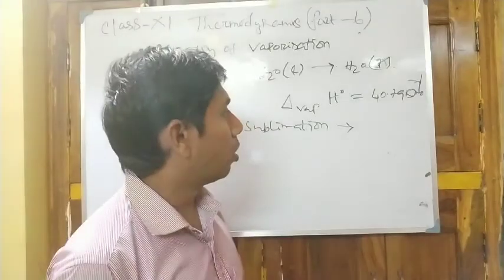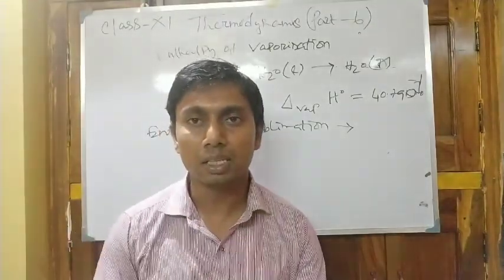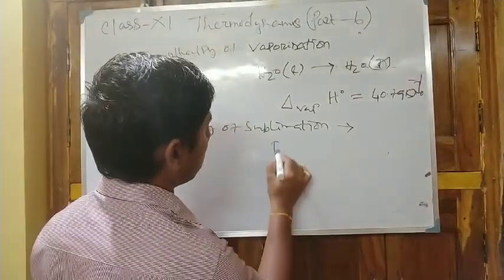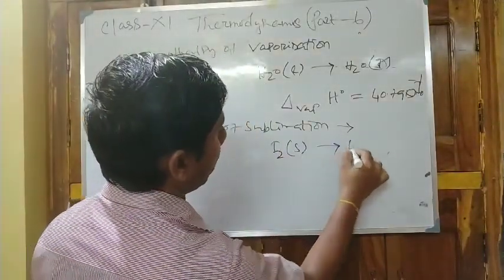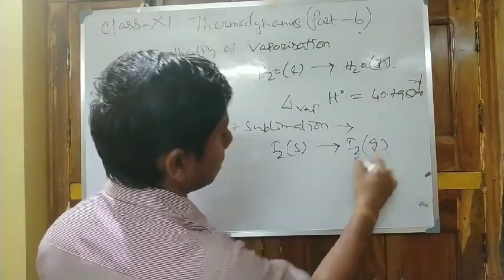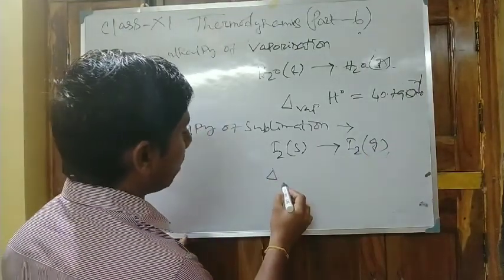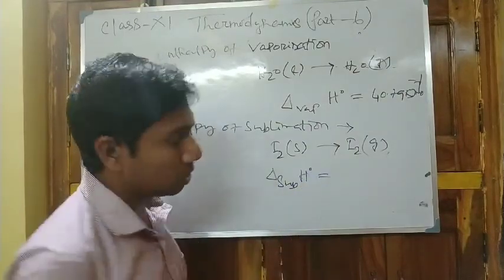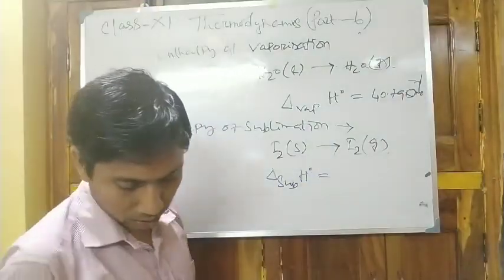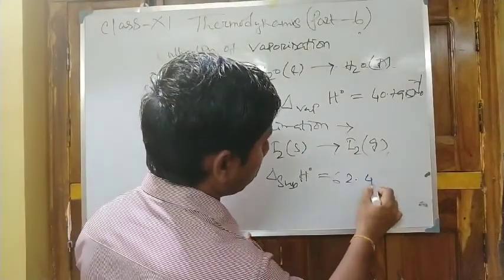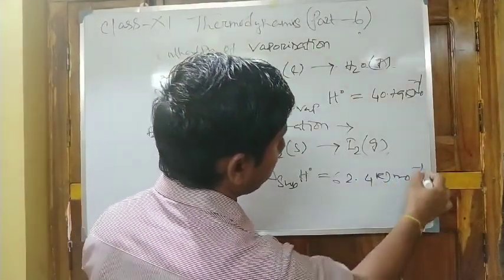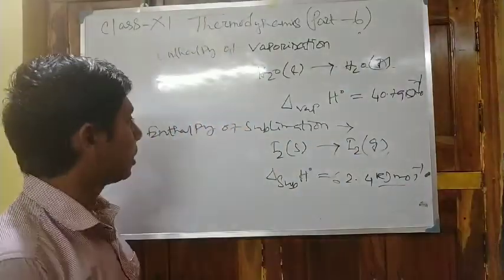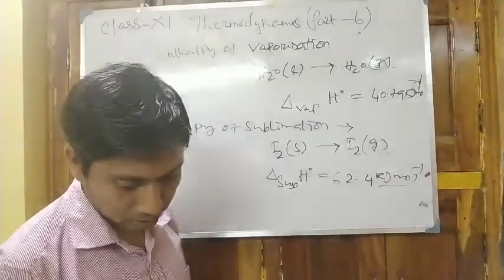So when a solid state undergoes a change to the gaseous state, for example, iodine solid to iodine gaseous state, here the enthalpy of sublimation at standard state for this process is equal to 62.4 kilojoule mole inverse. This is the process that is enthalpy of sublimation.